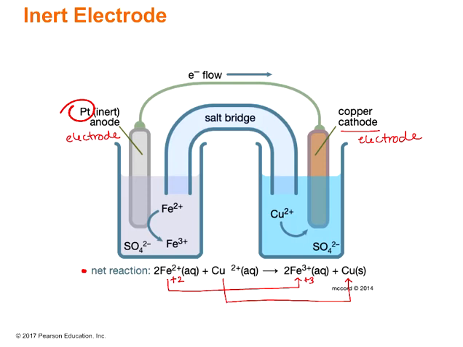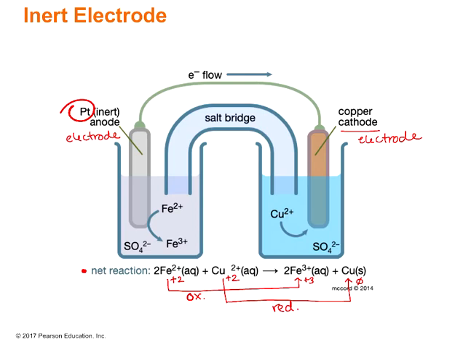So if it's losing an electron, is it oxidized or reduced? It's oxidized. And then what about copper? Copper starts out as a +2 ion, so its oxidation number is +2. And then it becomes a neutral atom, so its oxidation number is 0. So is it losing or gaining electrons? Gaining electrons. So then is it oxidized or reduced? Reduced.